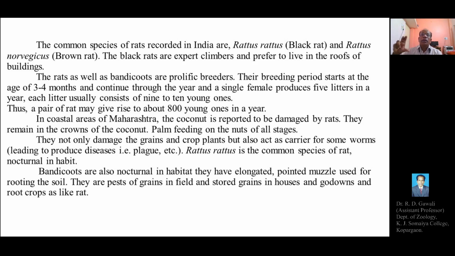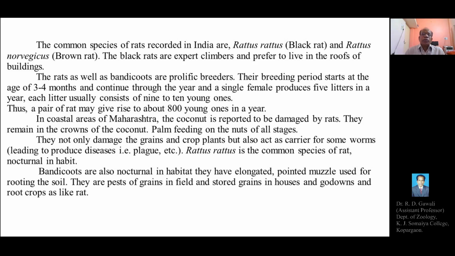This will ultimately cause much loss of the crops or stored food grains in the storages.